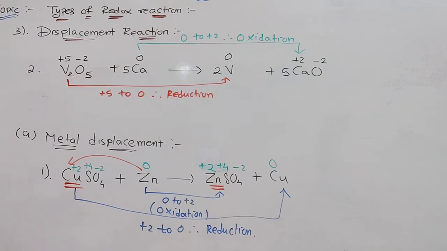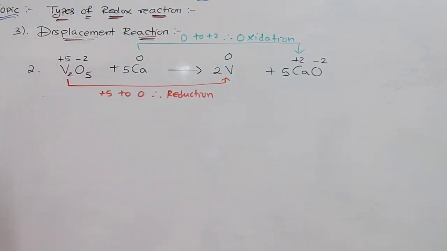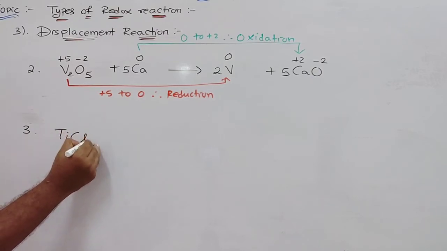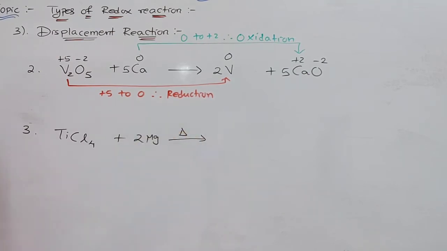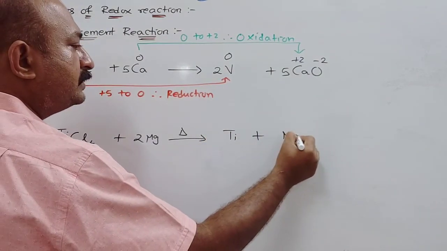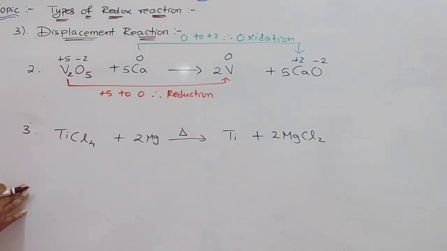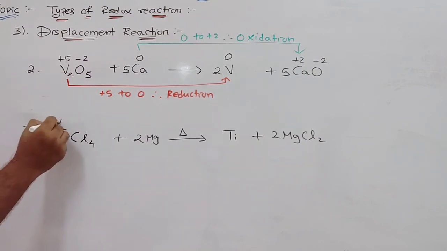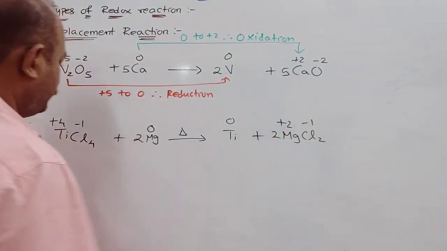Then the third example is about TiCl4, titanium chloride. TiCl4 plus 2 Mg, when you mix this, you will get Ti plus 2 MgCl2. I think it is balanced now. In this case, titanium is +4, chlorine -1, 0, 0, Mg +2 and -1.